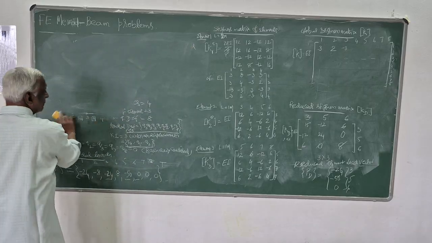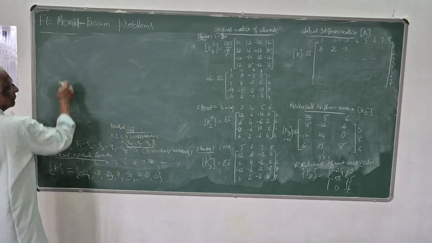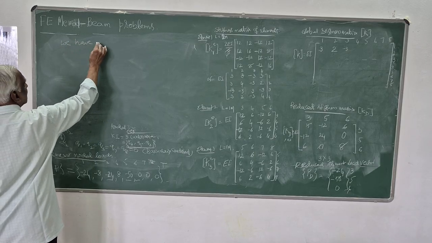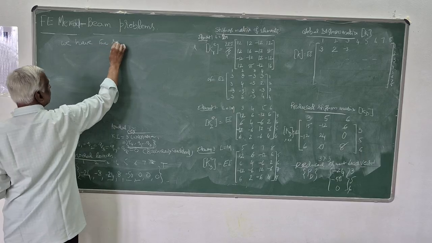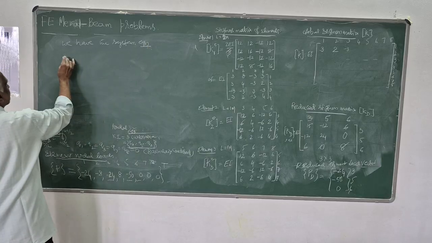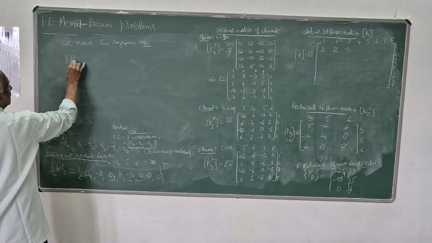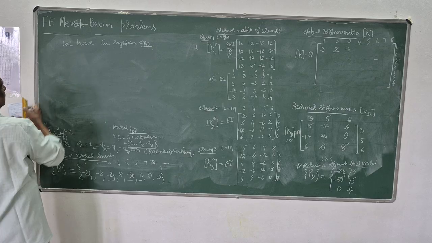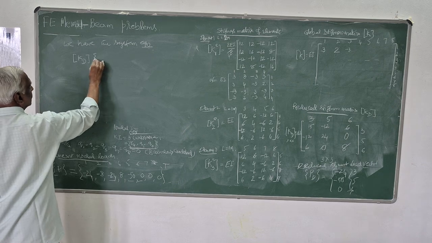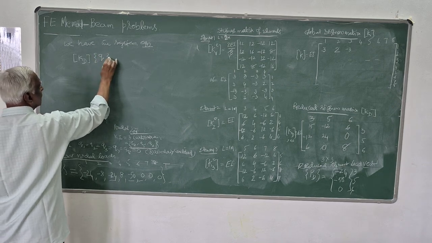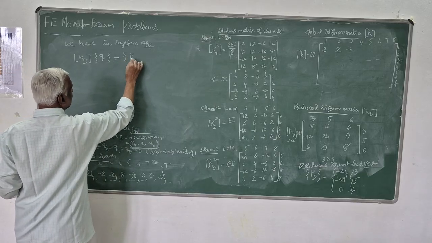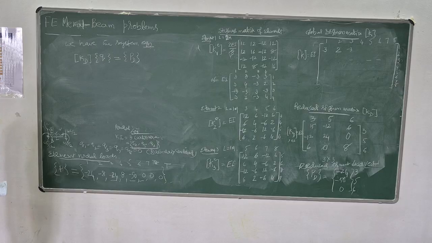So finally, we have a system equation. Here Q is the unknown displacement.